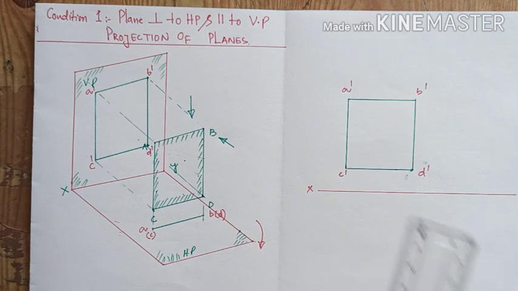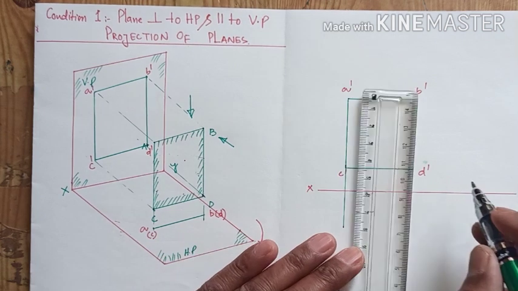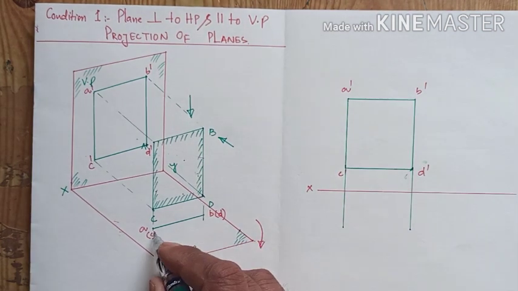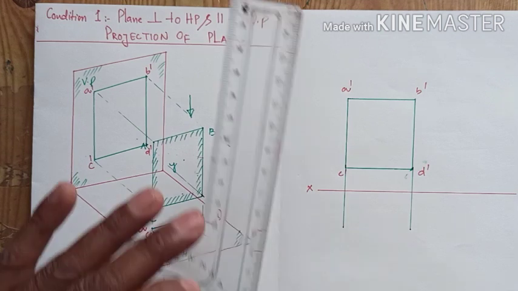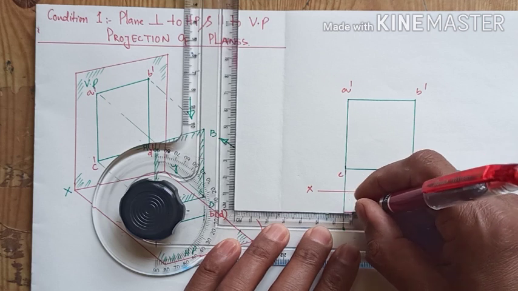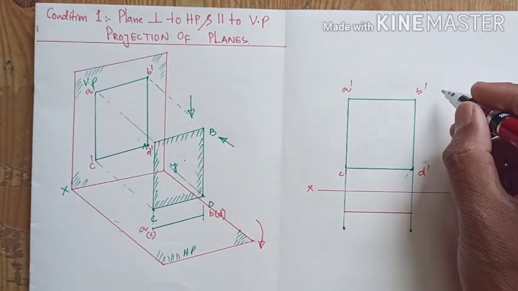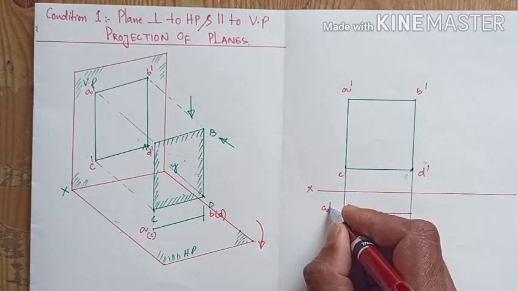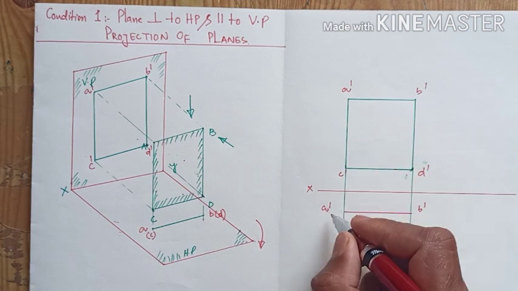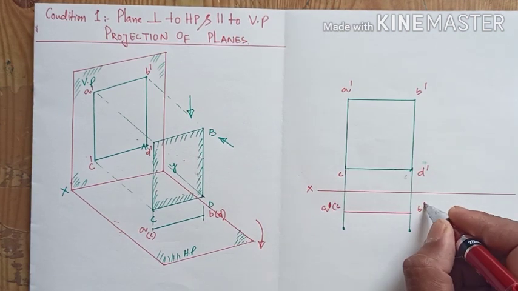Now what next do we need to do? We need to project these ends down to the bottom. In the top view we can see only a line. When we look at it from the top, we can see A and B. But behind A is C, and behind B is D. Sorry, these are not primes.